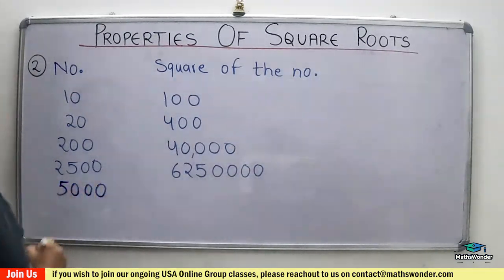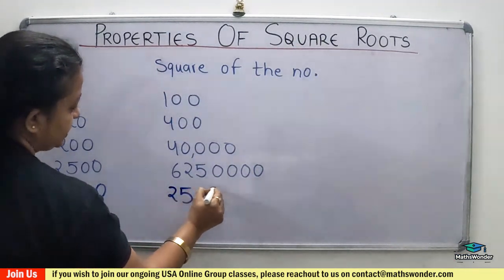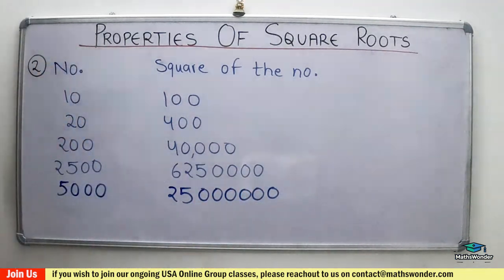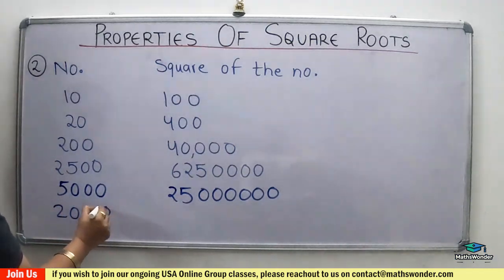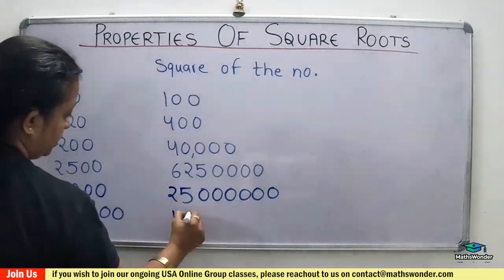There are 3 zeros in the 5,000. This is odd. 5 squared is 25 and there are 6 zeros. And 20,000. There are 4 zeros. So this will be double the zeros.